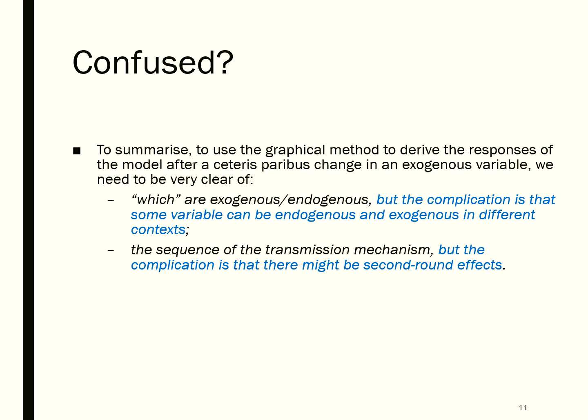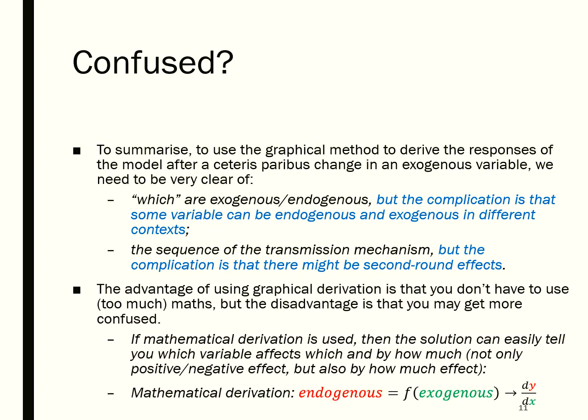The advantage of using graphical derivation is that you don't have to use too much maths, but they are derived from maths. Don't forget that they are the same thing, but different perspectives. But the disadvantage of using graphical analysis is that you may get more confused. In your third year and in your postgraduate studies or even PhD research, you will be required to analyze the whole system mathematically.